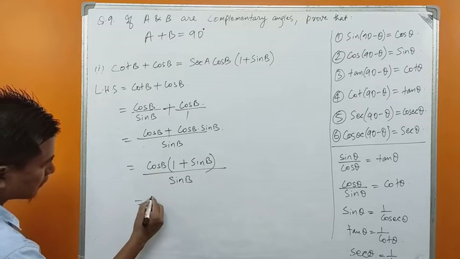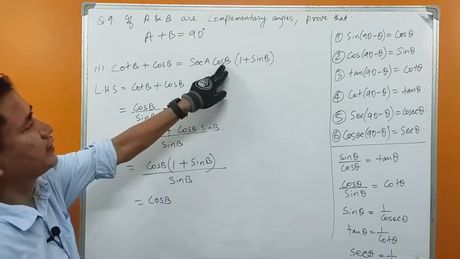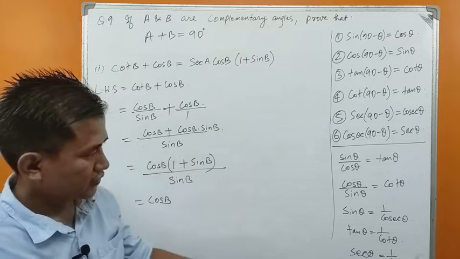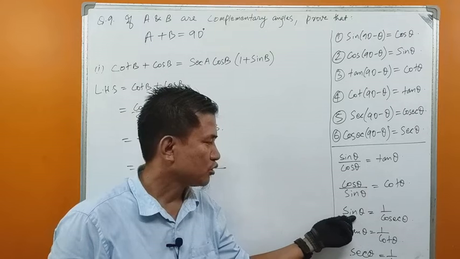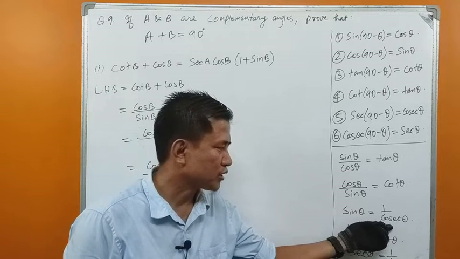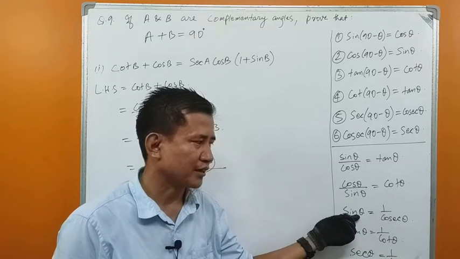So this cos b, we don't change this because we need cos b here in the right hand side. So let's take this sin b to the numerator. See here, sin theta and cosec theta are reciprocal of each other. So if you take sin theta from the denominator to the numerator, it becomes cosec theta, and if you take cosec theta from the denominator to the numerator, it becomes sin theta.